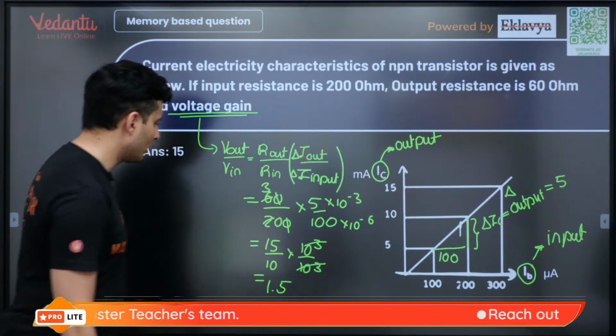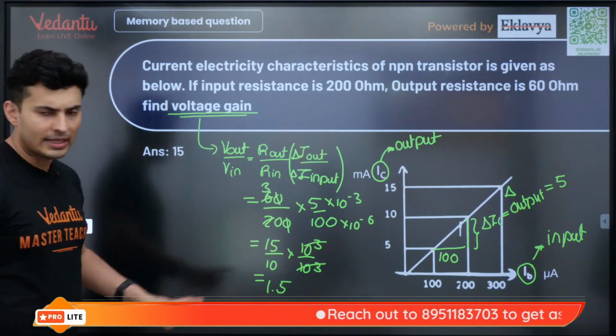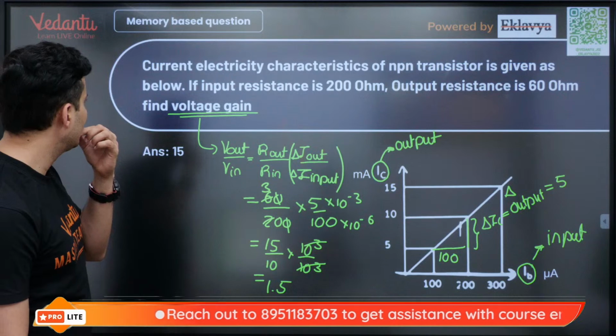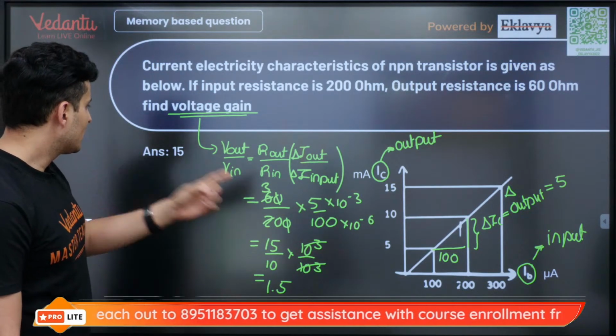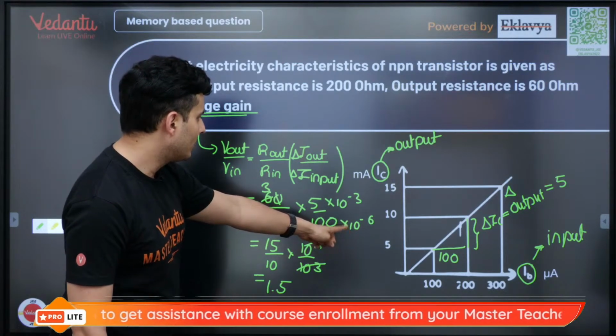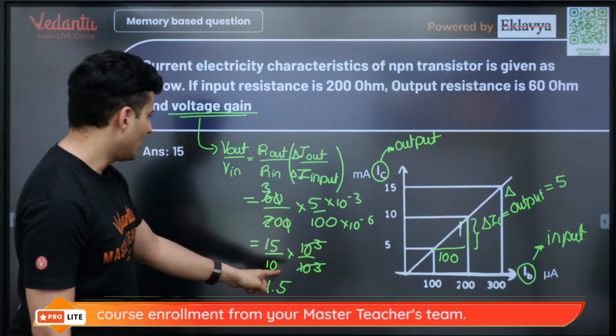Was it coming out to be 1.5? Oh, the answer was coming out to be 15. Just check this out. 60, 100 cancel. This was 10 to the power minus 3 and this was 10 to the power 3, so this goes on the top.